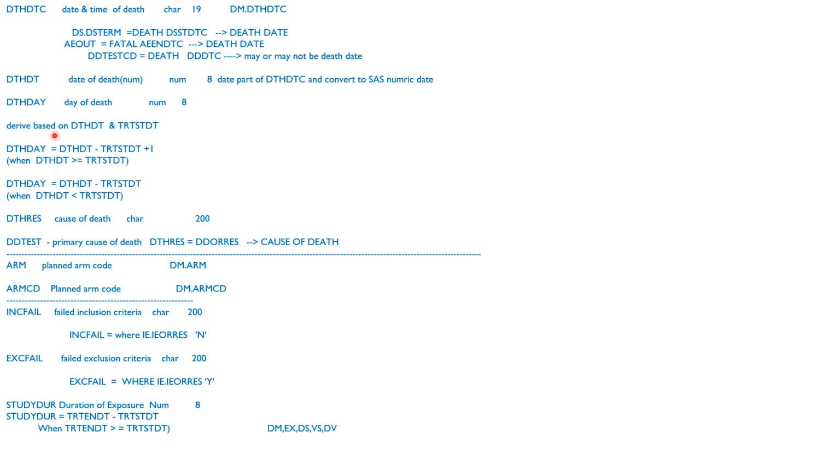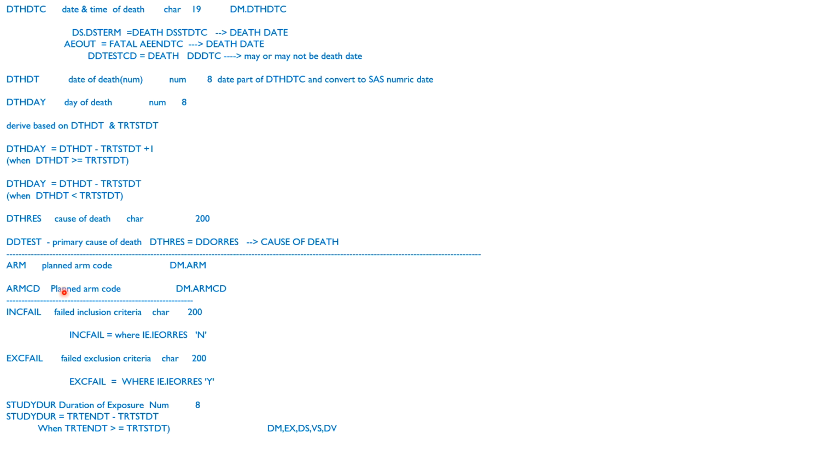So the study day derivation is the same as before. Then for the death reason, the cause of death reason, we are going to create one variable: if DDTEST is primary cause of death, then DTHREAS equals the original reaction, which we capture for DDTEST.